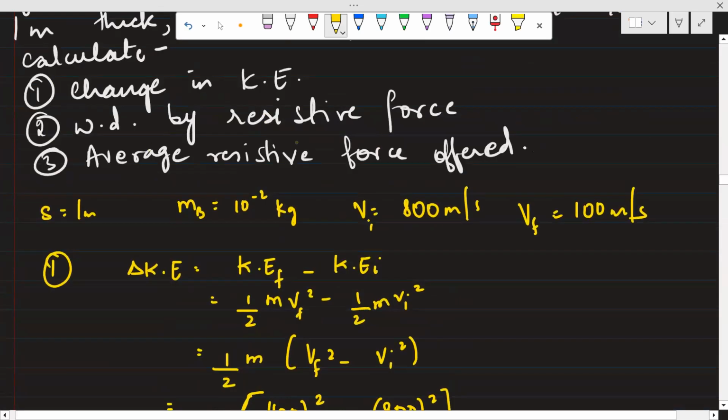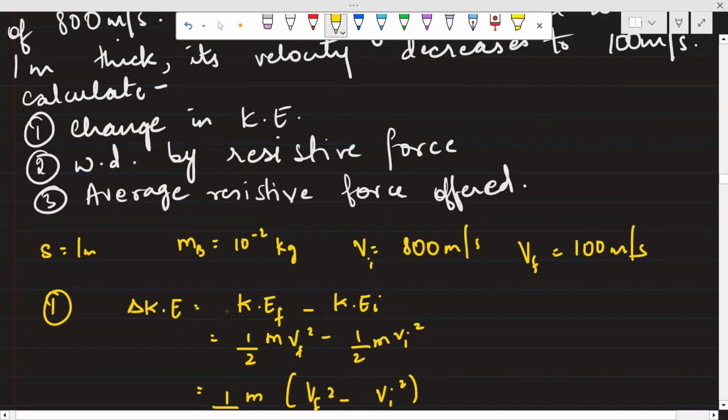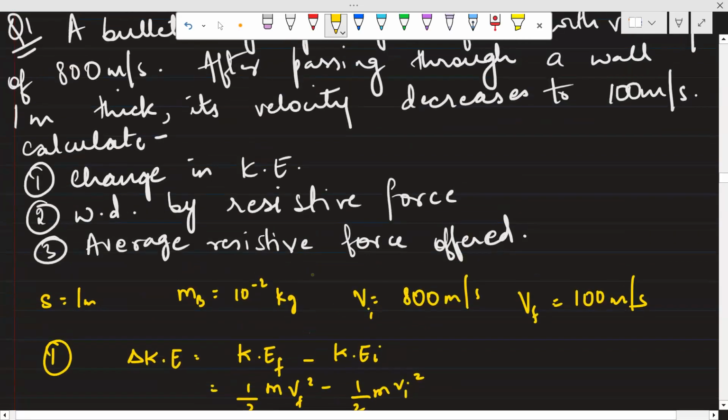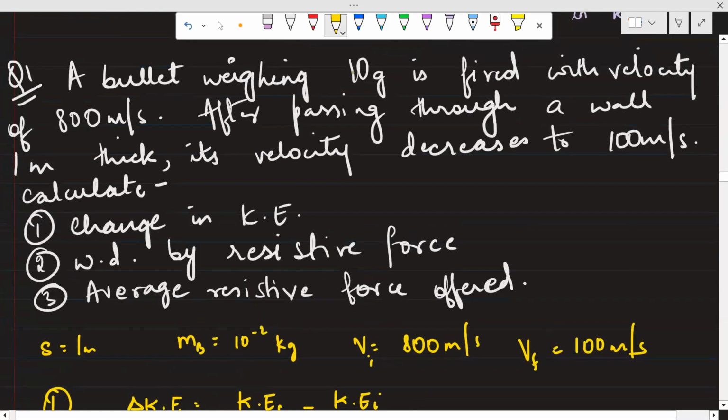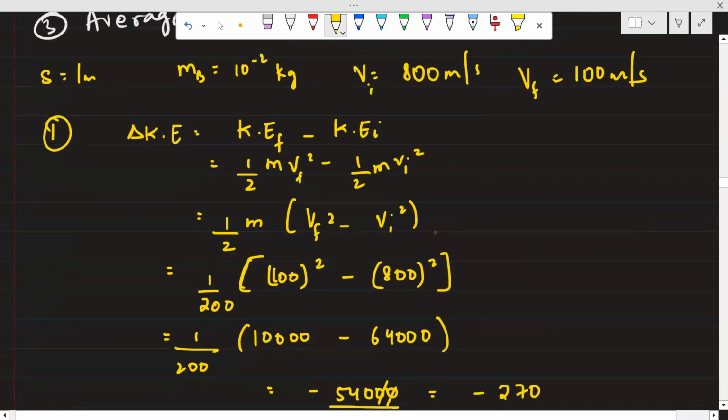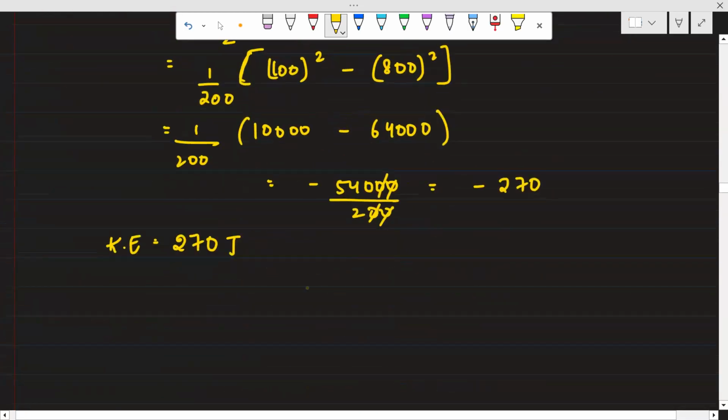The second part says work done by the resistive force. Here this was the change in the kinetic energy, half mv square minus half v initial square. For the resistive force, it has said the bullet weight is given as 10 grams. So what is the force acting when the bullet is being shot? This is the bullet.